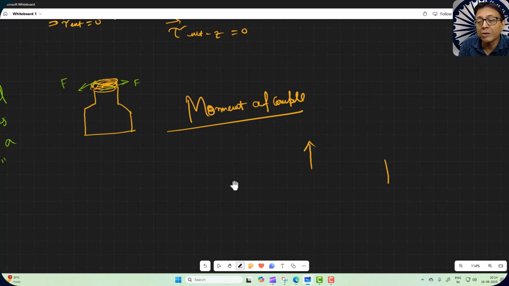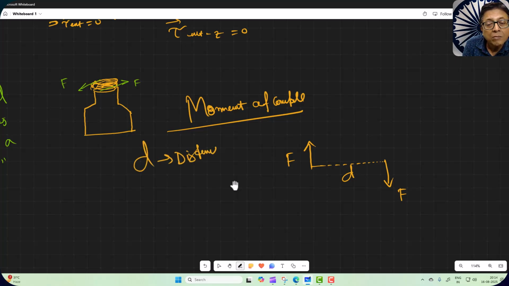One this way, the other one this way. Okay? This is the axis of the couple. One force F acting here, one force acting here. Let d be the distance between two forces. Okay? How to find moment of couple?